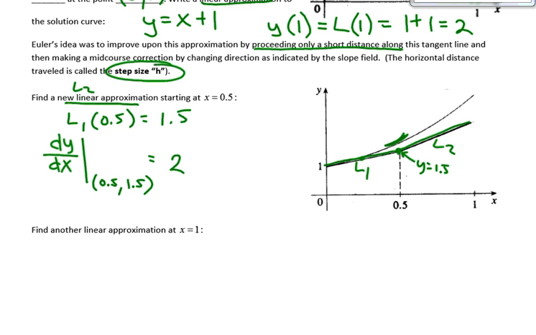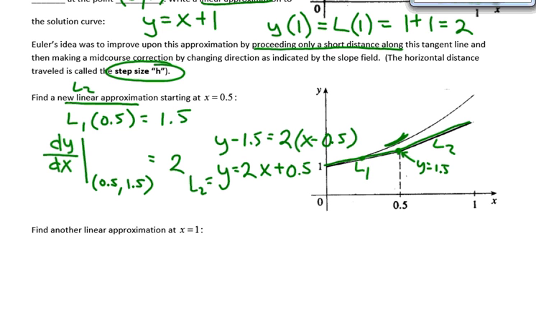So we have a new approximation, which is going to be y minus my y value equals slope times x minus my x value. And let's go ahead and solve that for y. So we get 2x plus 0.5 is our new equation, and that is the equation for L2. Okay, so our new approximation.